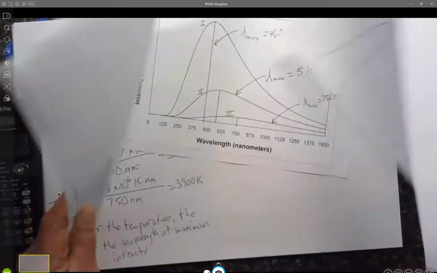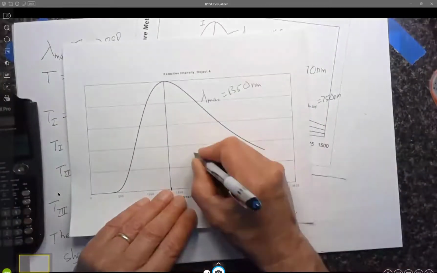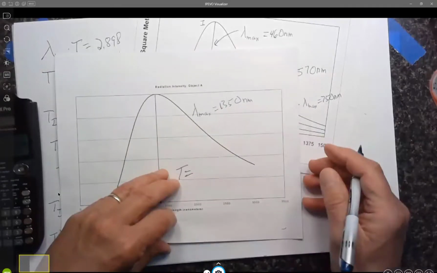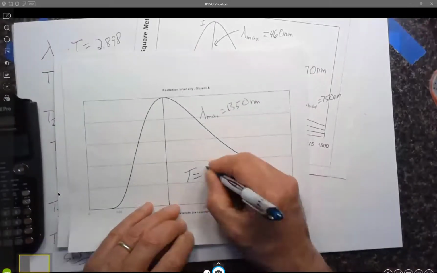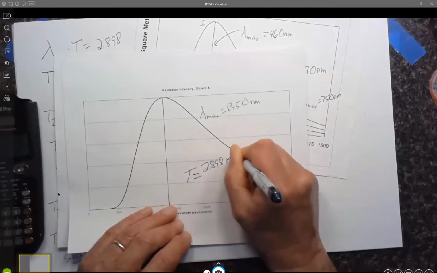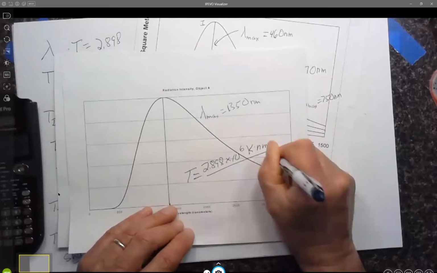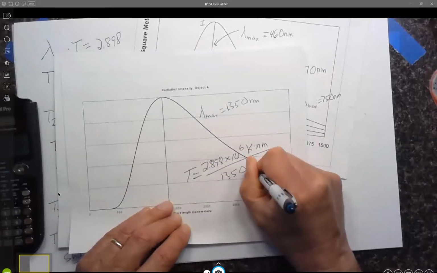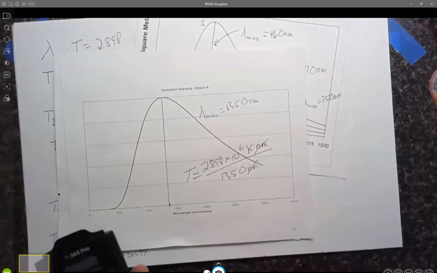All right, and then that last one, if we calculate its temperature, T is, try to remember the constant again, 2.898 times 10 to the 6th Kelvin nanometers divided by 1,350 nanometers. The nanometers divide out, and I'm left with Kelvin.